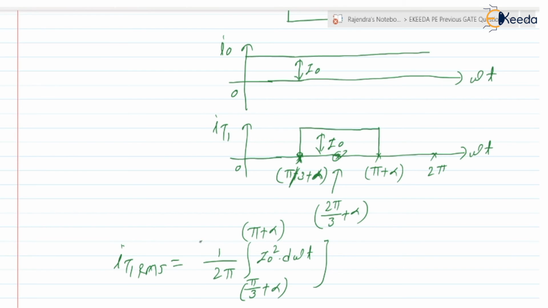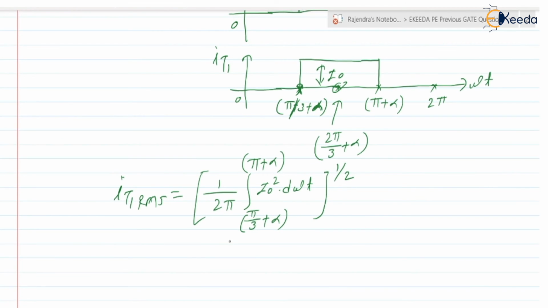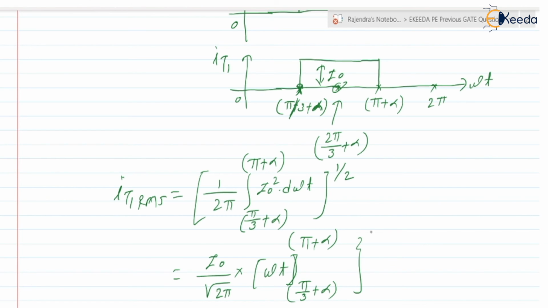So we can write it as the square root of the mean of the squared value, I0 divided by root 2 pi. I am taking I0 square outside as well as 2 pi outside, so it is the integration of 1 d omega t from pi by 3 plus alpha to pi plus alpha, to the power 1 by 2.